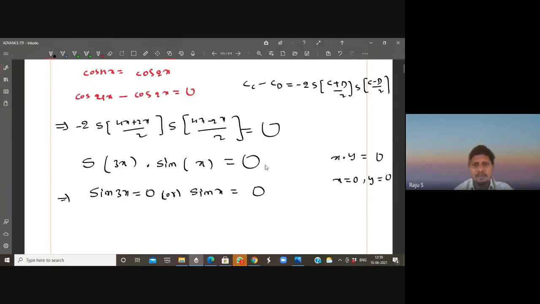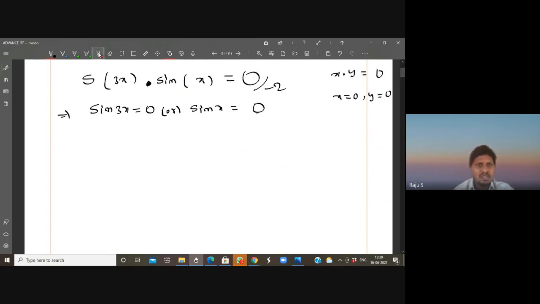It becomes 0 by minus 2, and 0 by anything is 0. The left side is sin 3x into sin x. So for the product to be 0, either sin 3x is equal to 0 or sin x is equal to 0.